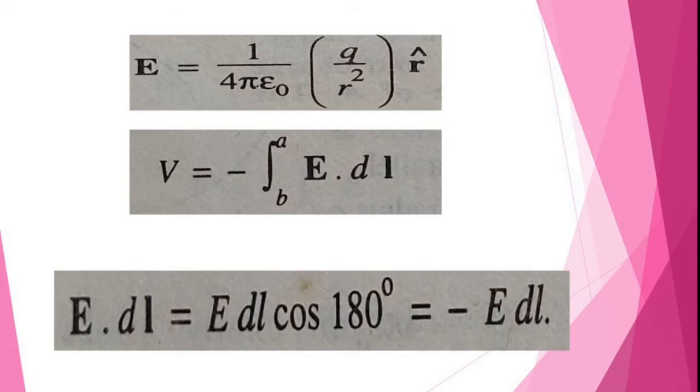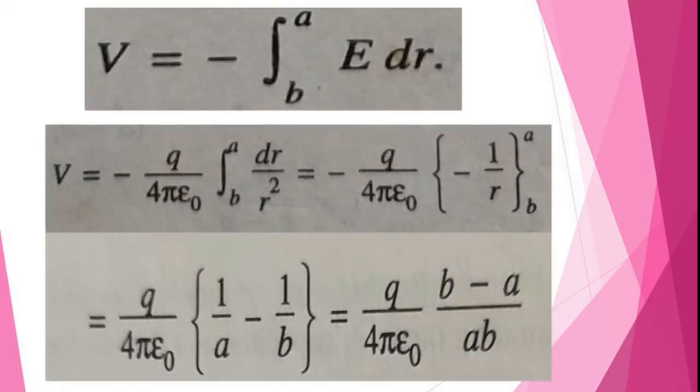So our expression for potential will become minus integral b to a E dr.